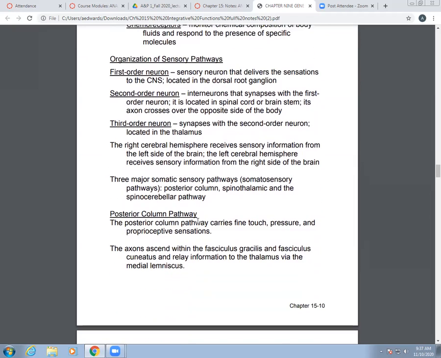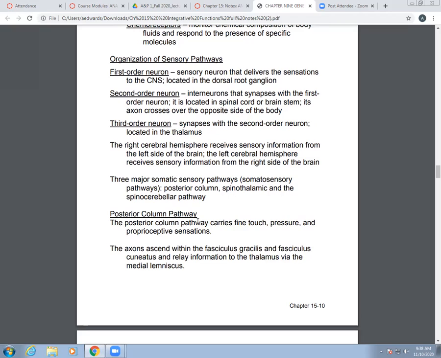So how are the sensory pathways organized? Well, you have different neurons involved. So you've got first order neurons, second order neurons, and third order neurons. So the first order neurons are the sensory neuron that's delivering a sensation to the central nervous system, okay?